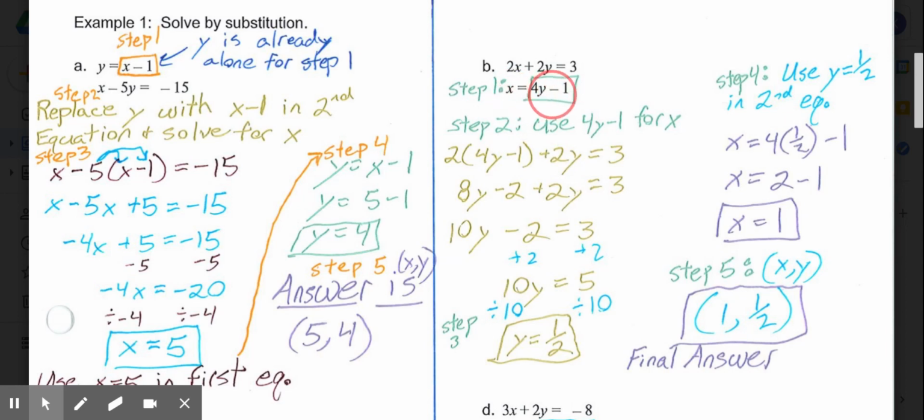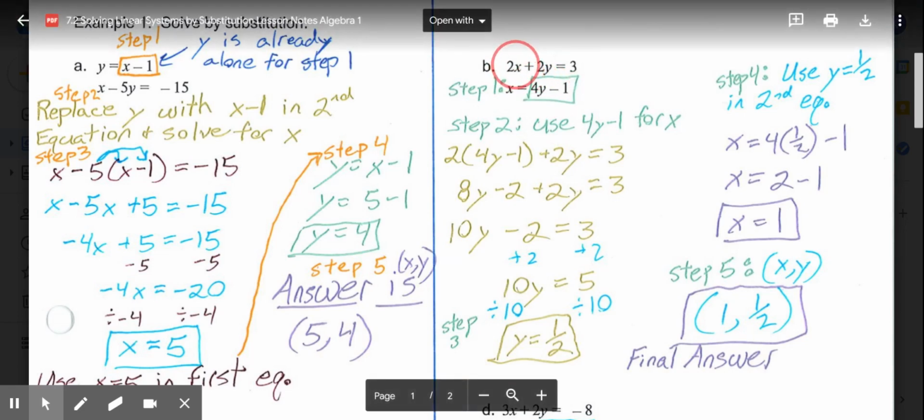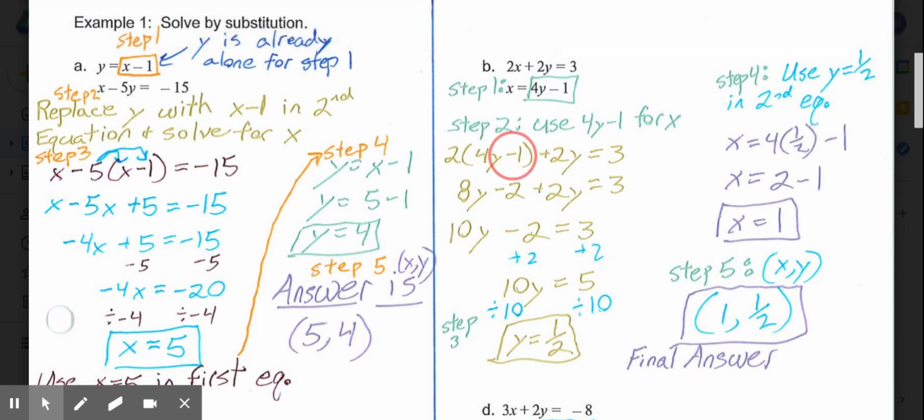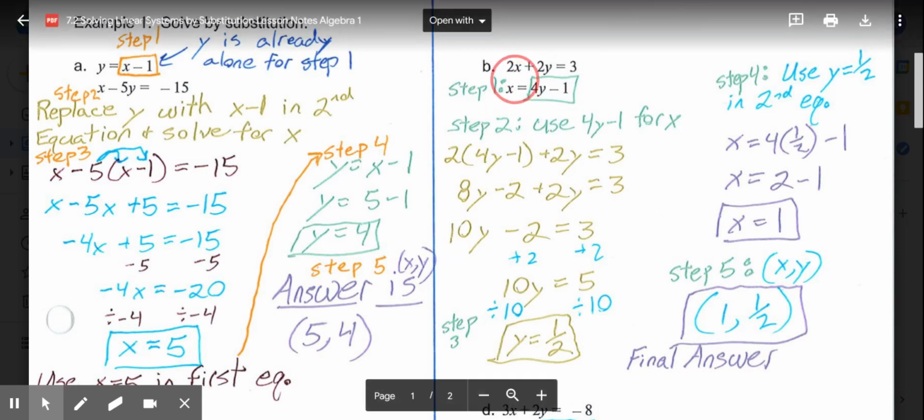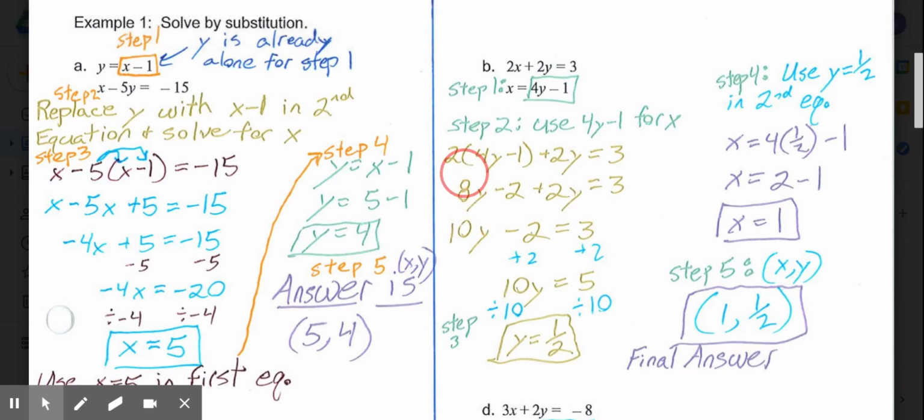So for step 2, I'm going to take this 4y minus 1 and substitute it for x in the other equation. So that equation would become 2 times 4y minus 1, so that takes the place of x, plus 2y equals 3. Distribute, so 2 times 4y is 8y, 2 times the negative 1 is minus 2.